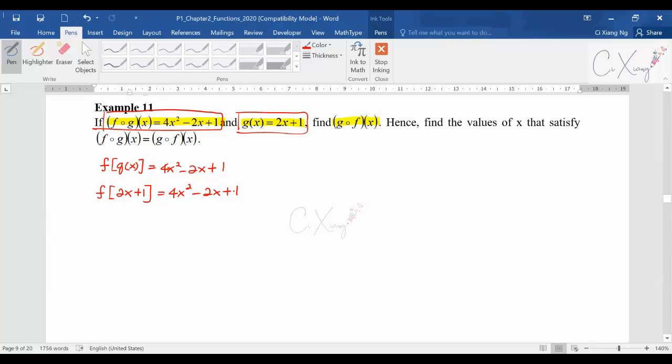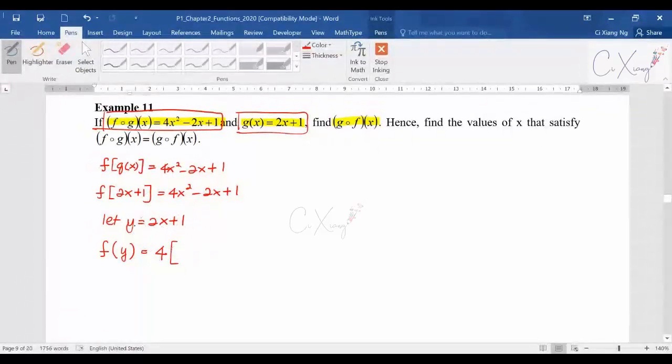Maybe for now, because my aim is to find f(x), or maybe f(y), f(x) or f(y) or whatsoever. If I want to change this one to y, I will let y equal 2x plus 1. And if I substitute 2x plus 1, then I will have y here equals to 4 times x squared.